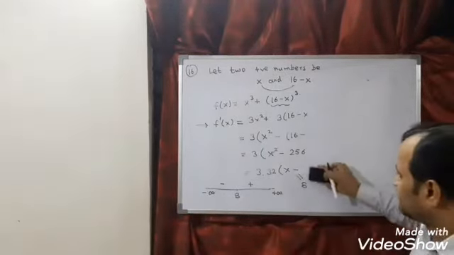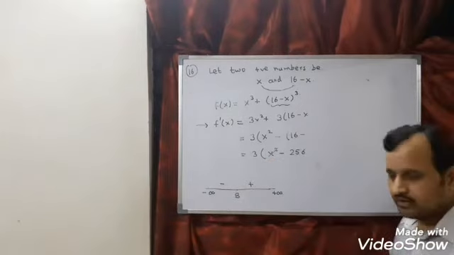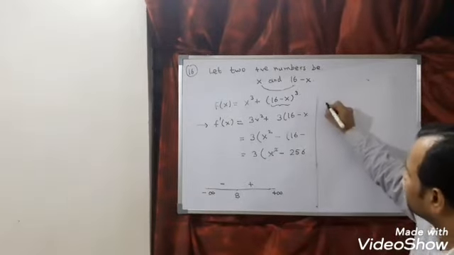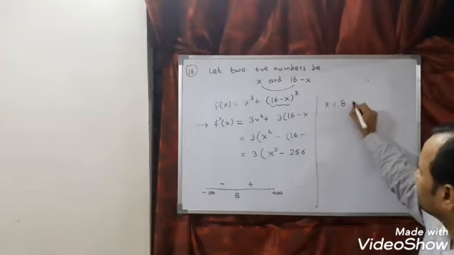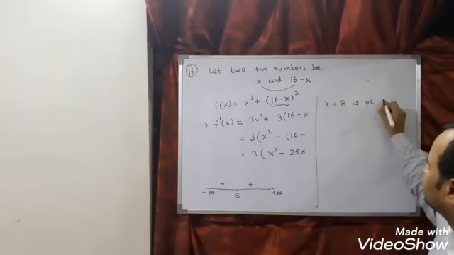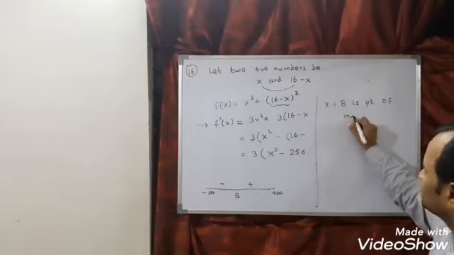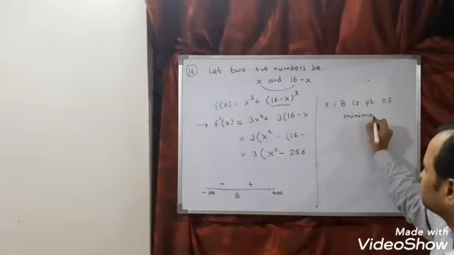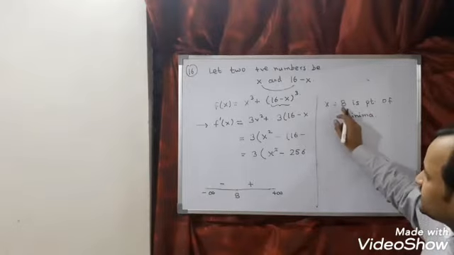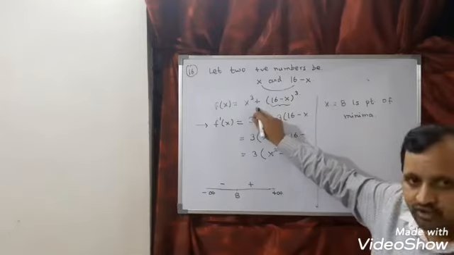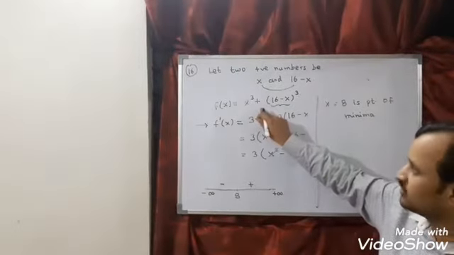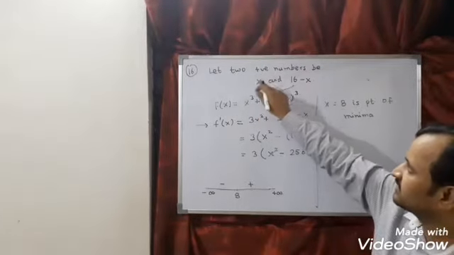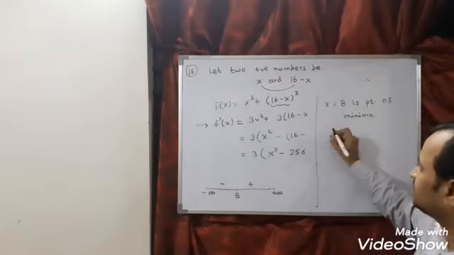So here I can say x is equal to 8 is the point of minimum. So if you put x is equal to 8 here, you will get the minimum value, which I am not putting. The question is to find the two positive numbers.